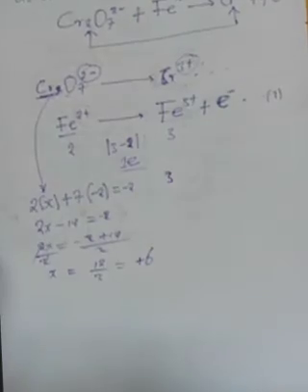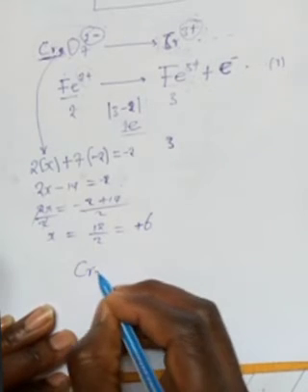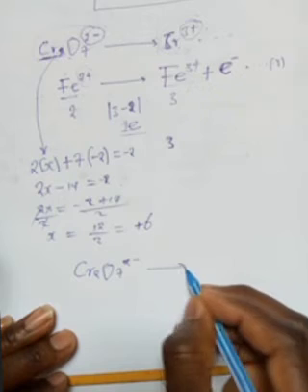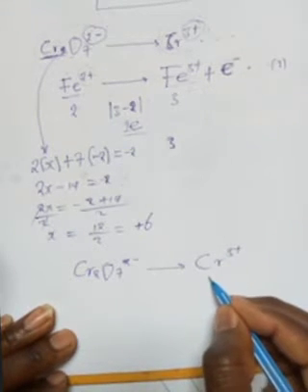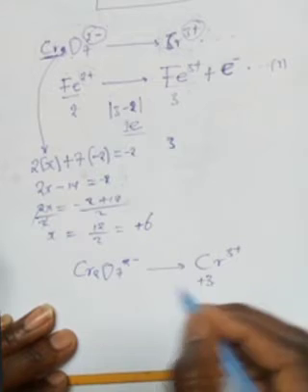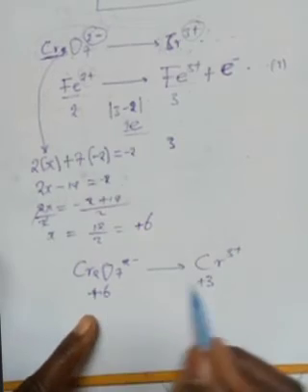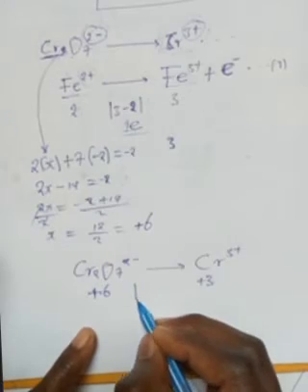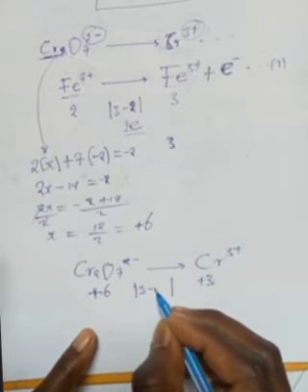Now, if you write this reaction down here, write it like this: Cr2O7 2- producing Cr3+. This one has an oxidation number of +3. This one is going to have an oxidation number of +6, meaning that the difference between the two oxidation numbers must be put inside the modulus. We say |3 minus 6|.